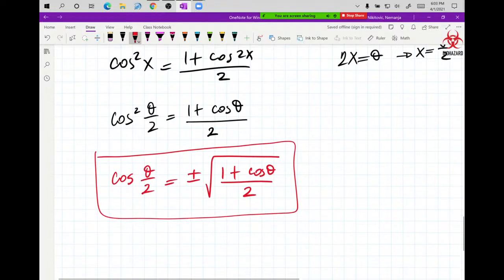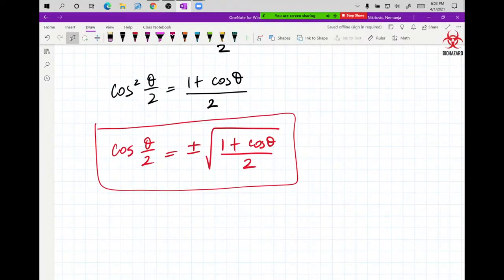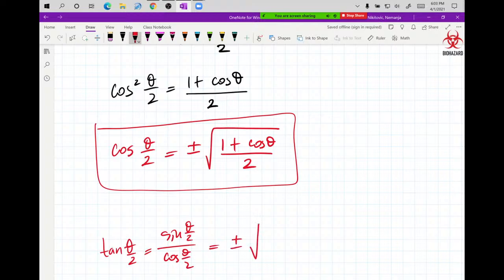The third one, which is tangent, is always sine divided by cosine. So tangent theta over 2 is sine theta over 2 divided by cosine theta over 2, which is plus minus square root of, sine goes on top, so 1 minus cosine theta divided by 1 plus cosine theta.